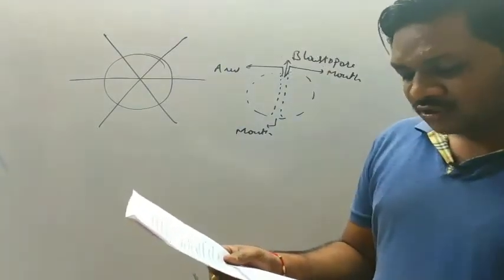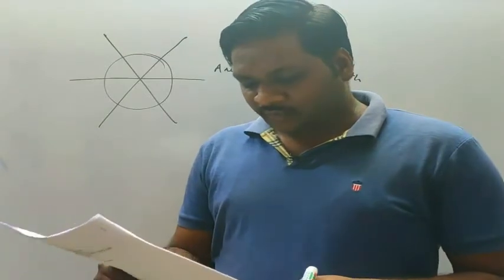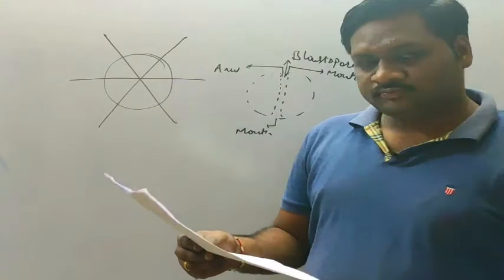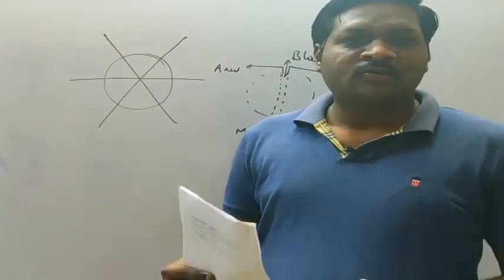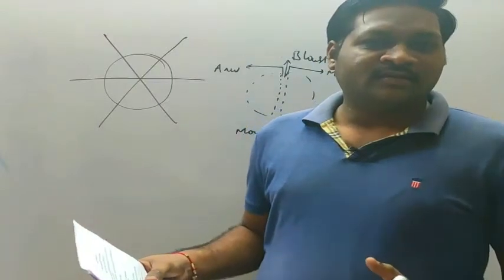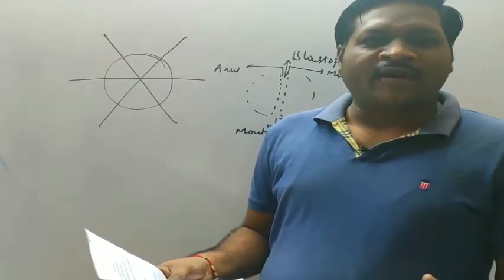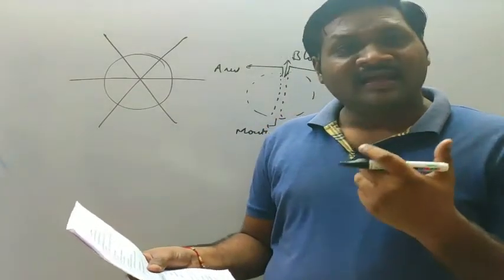The next question, number 98. In the course of evolution, true coelom appeared for the first time in which phylum? So as far as evolution is concerned, in which type of phylum did we see the first appearance of the body cavity, or the coelom?